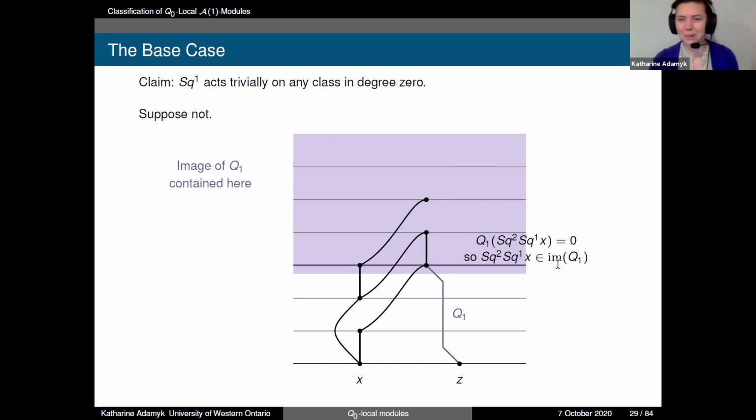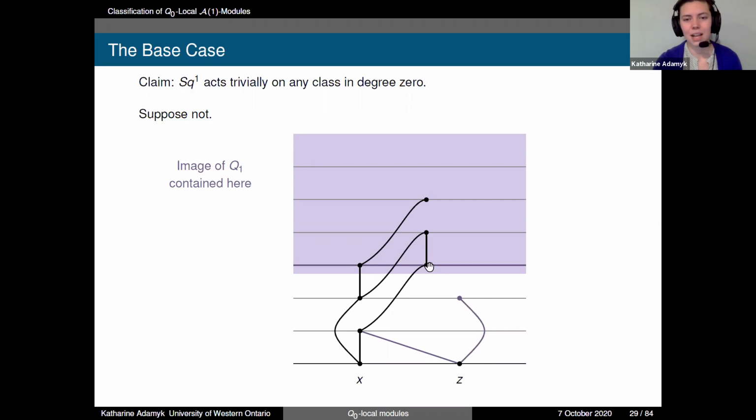Okay, you do a bunch more of this kind of flavor of pushing things around, and what you get in the end is that that class Z that was hitting that class in degree 3, square 1 of it has to be the same as square 1 of X. Square 2 of it is non-zero, but square 1 and square 2 both act non-trivially on this class in degree 2. And this gives us something in the kernel of Q1 that can't possibly be in the image of Q1 for degree reasons. Okay, so after all that, we finally get a contradiction that came from our supposition that square 1 acted non-trivially on X.